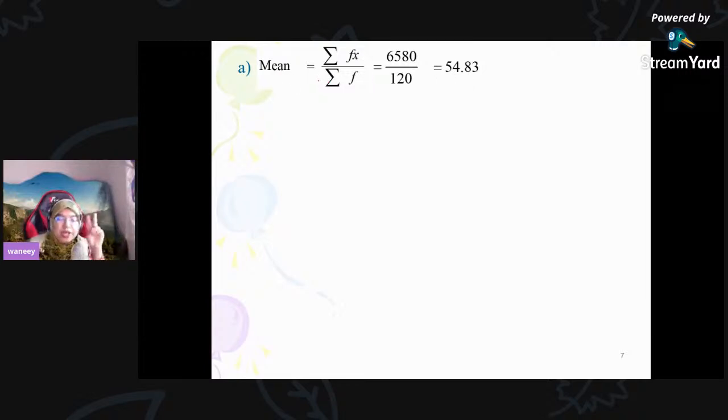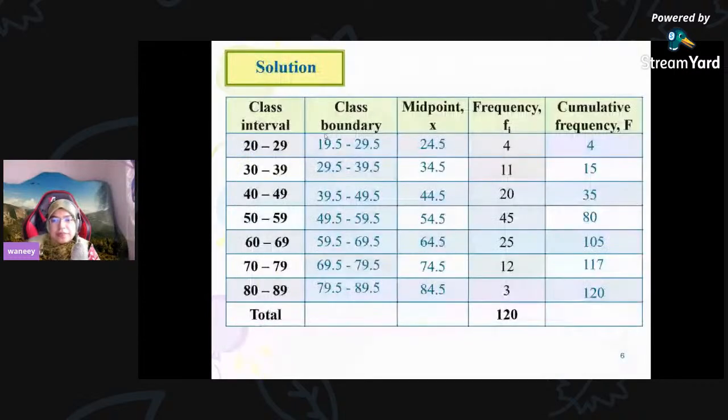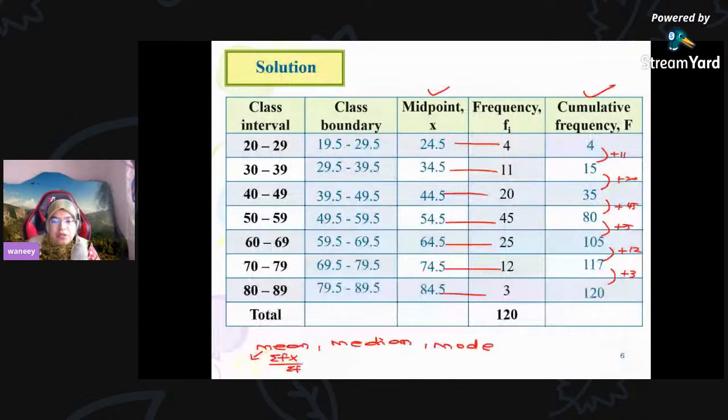Okay, so second, we have to find out what is the median. So ready with your highlight. Okay, so what is the formula for the median? Basically for the median, we need to know first where is the n over 2 because we want to highlight the class. So n over 2 is actually 120 over 2, which is equal to 60.